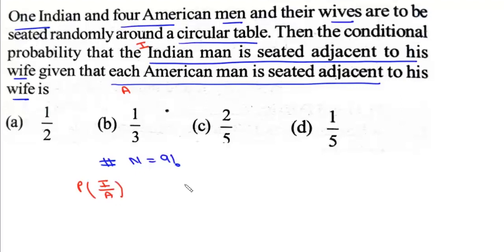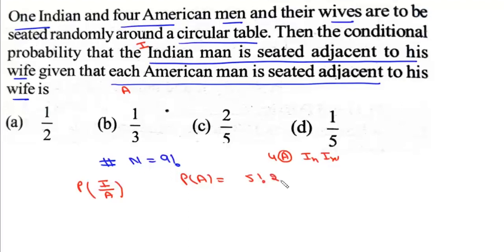So we have to find the probability of I given A. First we'll calculate the probability that all American men are sitting adjacent to their wives. So here we have 4 pairs of American couples, and then we have the Indian husband and Indian wife. Now we have to arrange these 6 objects on a circle, which can be done in factorial 5 ways.